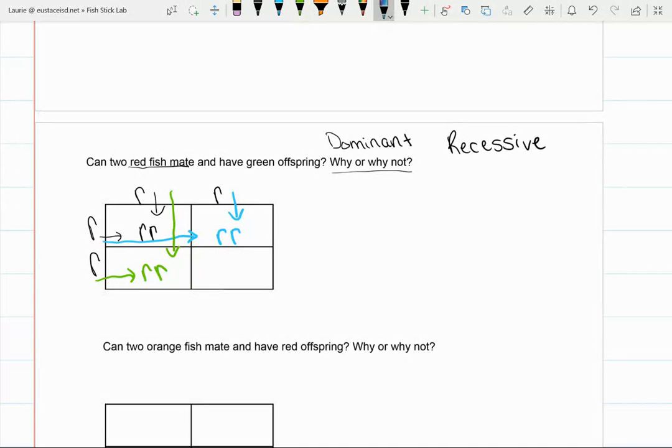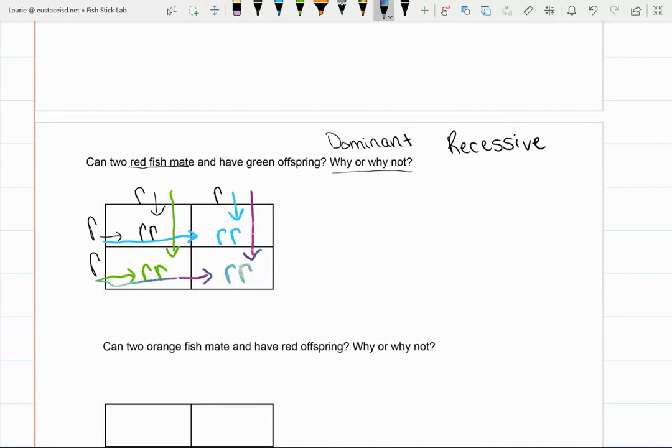And finally, for my last box, bring it down, bring it over, r r in this box, so that I can see all of my offspring are going to be homozygous recessive, which just means they have 2 recessive red genes.